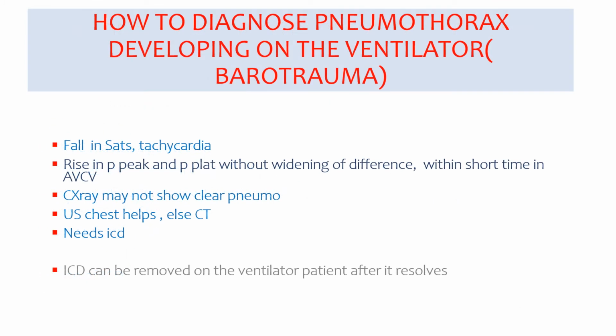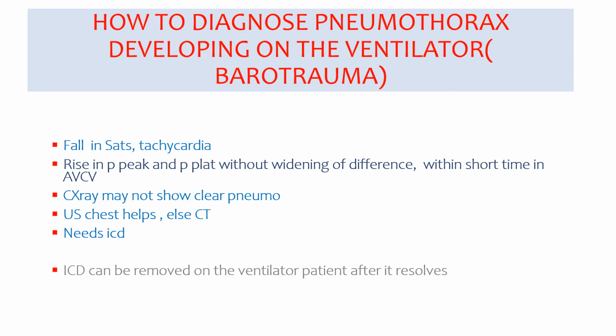How to diagnose a pneumothorax developing on the ventilator? The pneumothorax developing on the ventilator is diagnosed by fall in SpO2, tachycardia, rise in the P peak and P plateau pressure without widening of the difference within a short time in assist volume control mode.